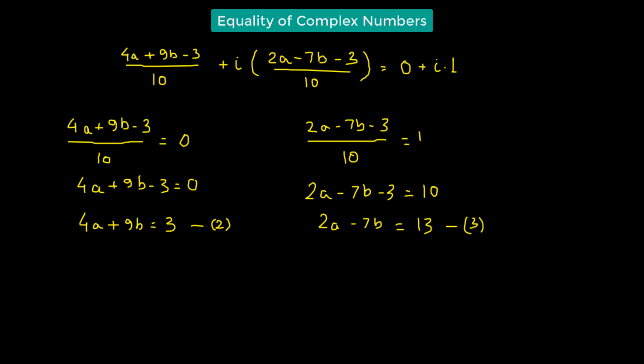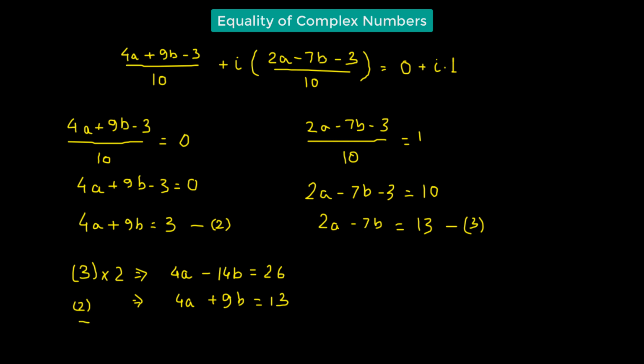Now what we do, we take equation number 3 and multiply throughout by 2. So that gives us 2 times 2 is 4A minus 2 times 7 is 14B equals 2 times 13, which will be 26. Then we consider equation number 2. We have 4A plus 9B equals 13.